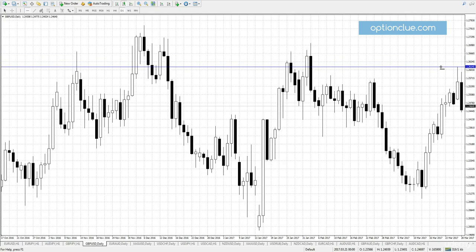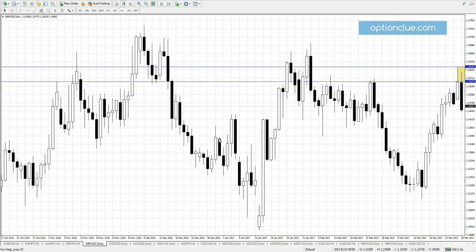This is the price of 1.2614. The lower border of this level is plotted on the borders of candles. The price is 1.2556. Here we will paint out this level in a certain color so that we can clearly see it in the future.